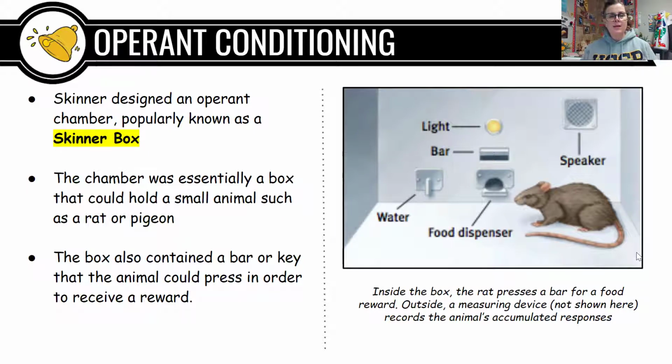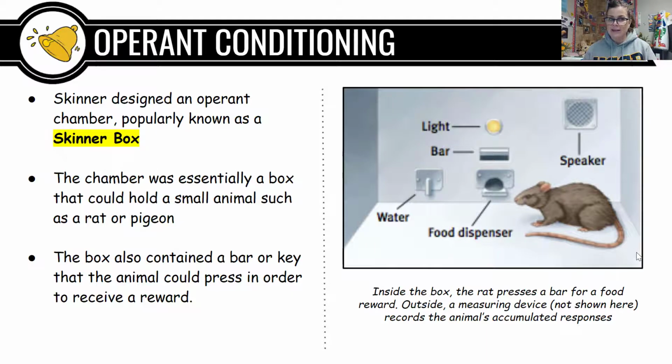And so what Skinner did was he designed something that we know as the Skinner box, okay? And Skinner really wanted to see if rewards and punishments would work with animals. Do they respond in that way? And so typically inside these boxes, he would use pigeons a lot of times.